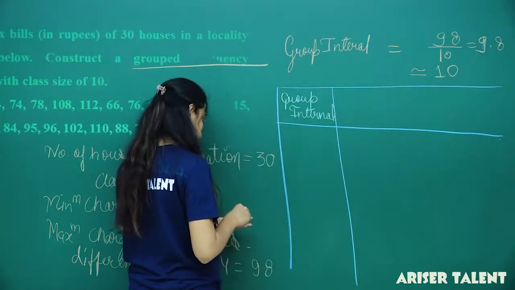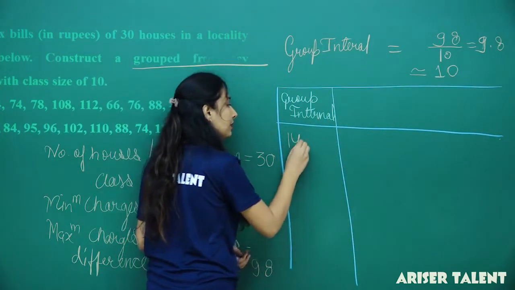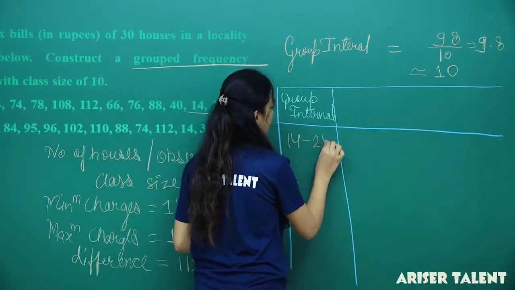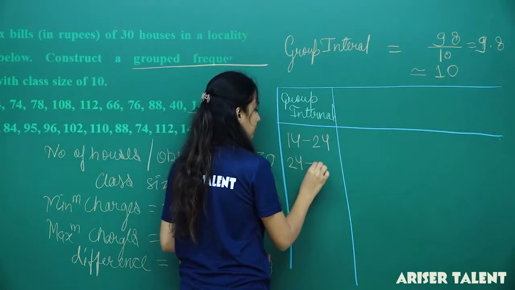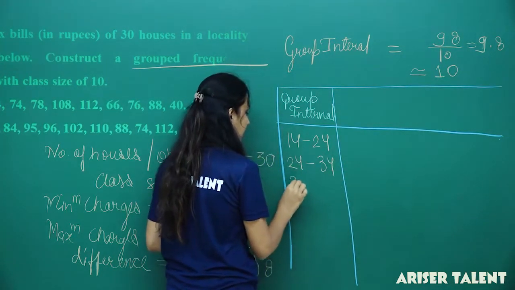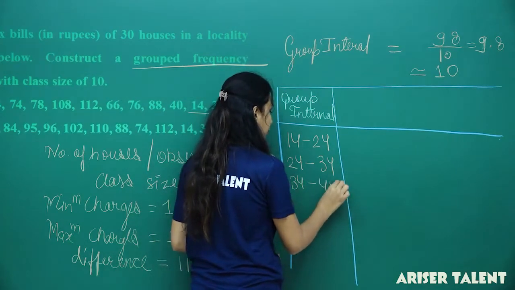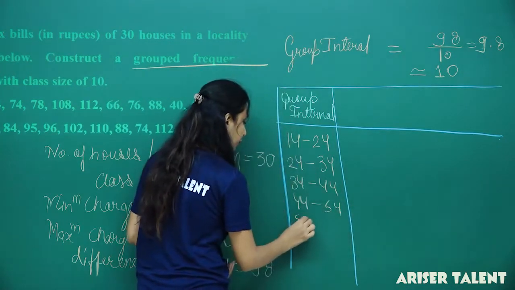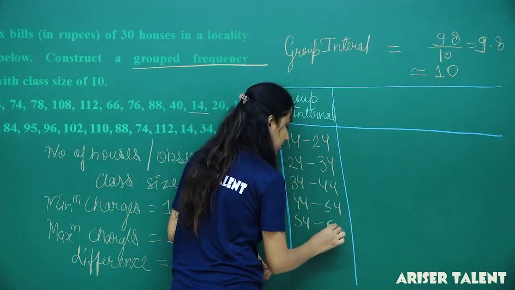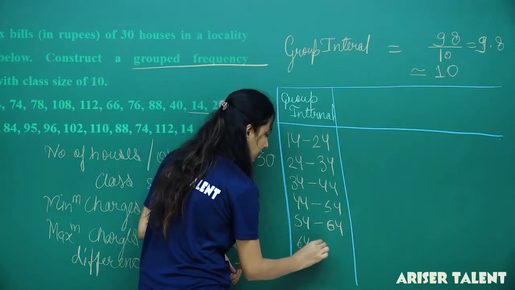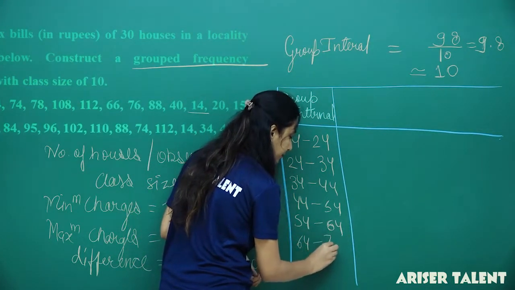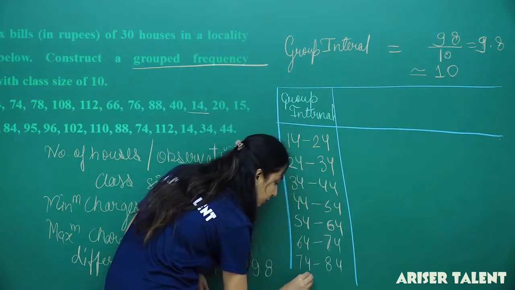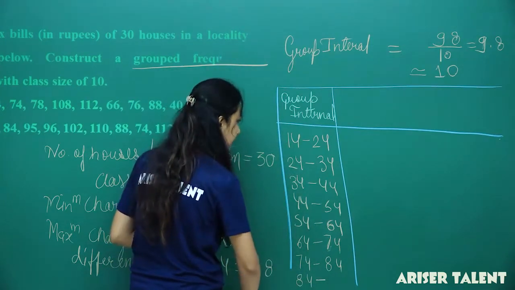Here it is. I'll start with the minimum value 14 till 24, then 24 till 34, then 34 till 44, then 44 till 54, then 54 till 64, and then 64 till 74, and 74 till 84, 84 till, should I shift it upside?